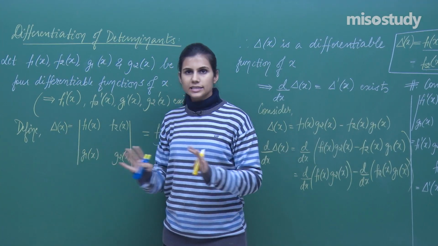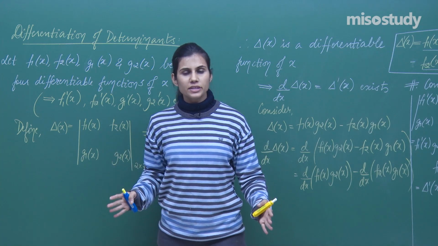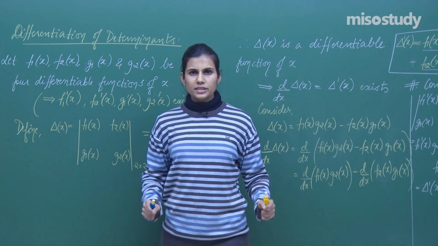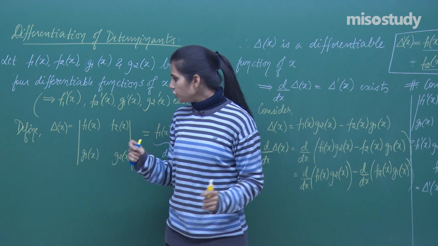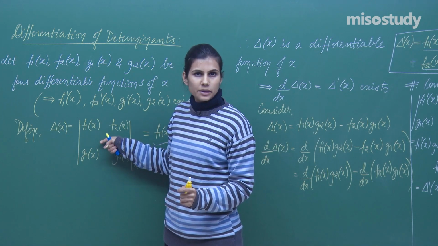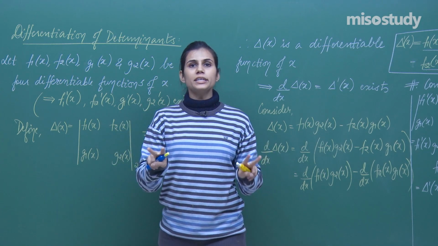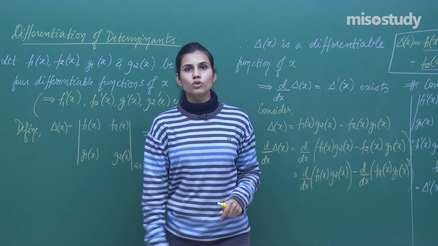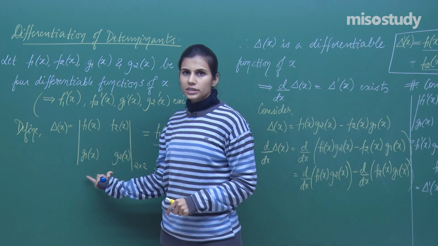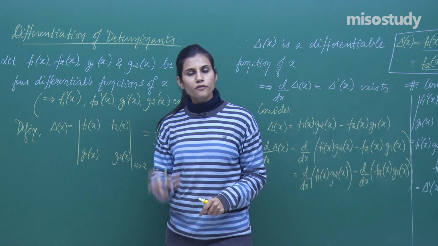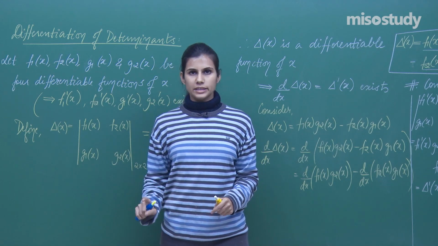So clearly delta x is differentiable. What is its differentiation? You can write this 2 cross 2 determinant as the sum of 2 determinants of the same order 2 cross 2.